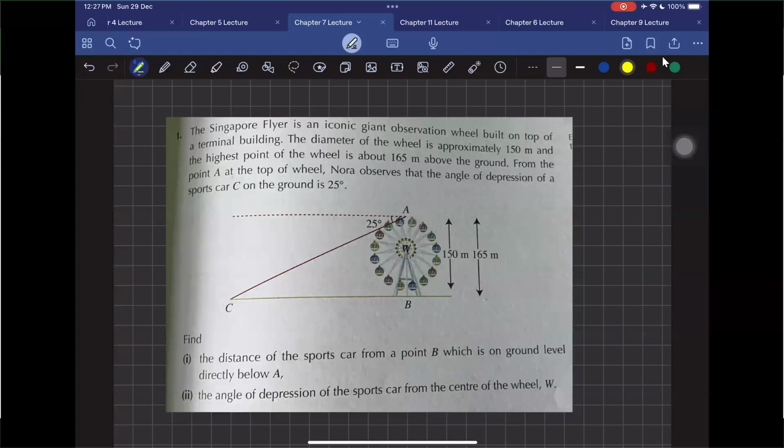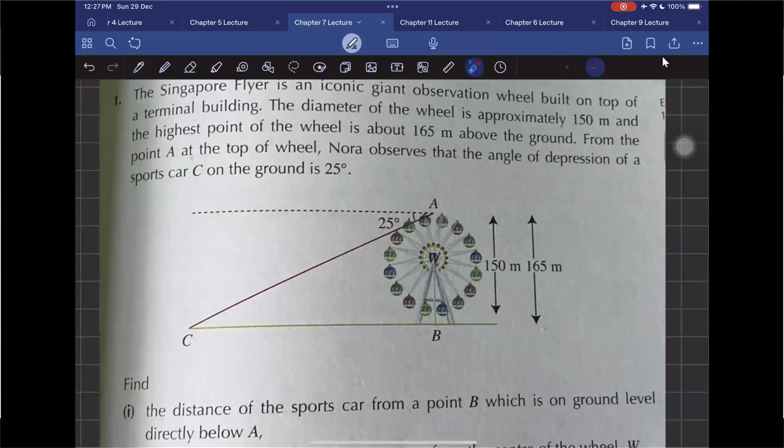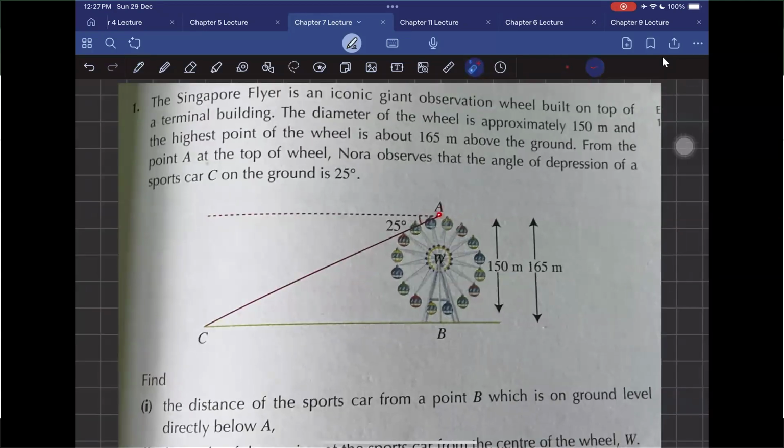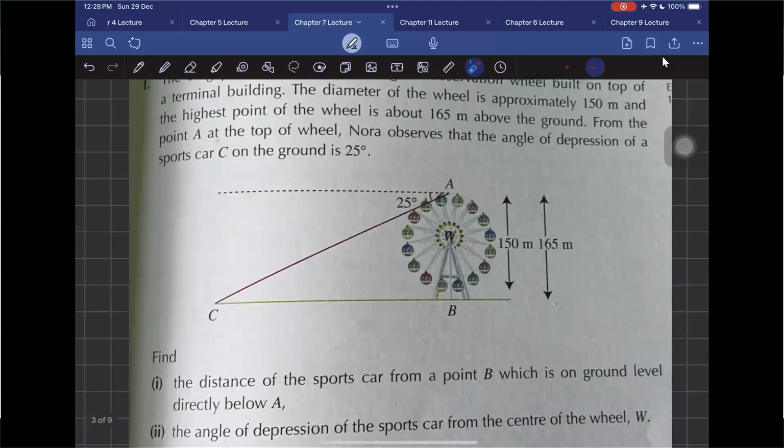Okay, so you're given someone at the top of the Ferris wheel, the Singapore Flyer, looking at a sports car which is point C. The first part is asking for the distance of the sports car from point B, which is on ground level directly below point A. In this case, you can see this forms a right angle triangle.